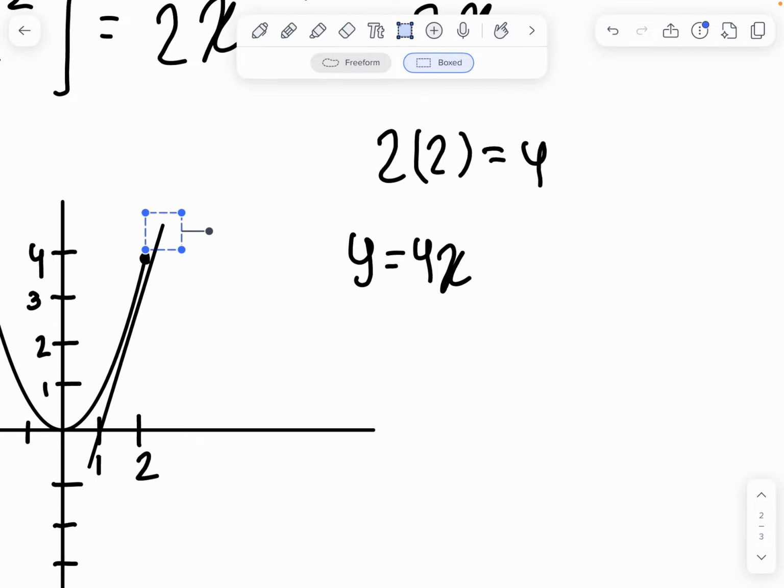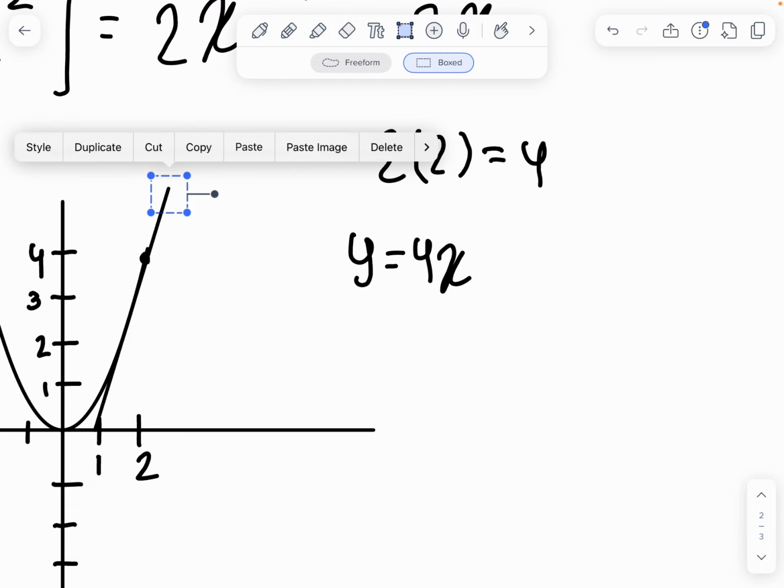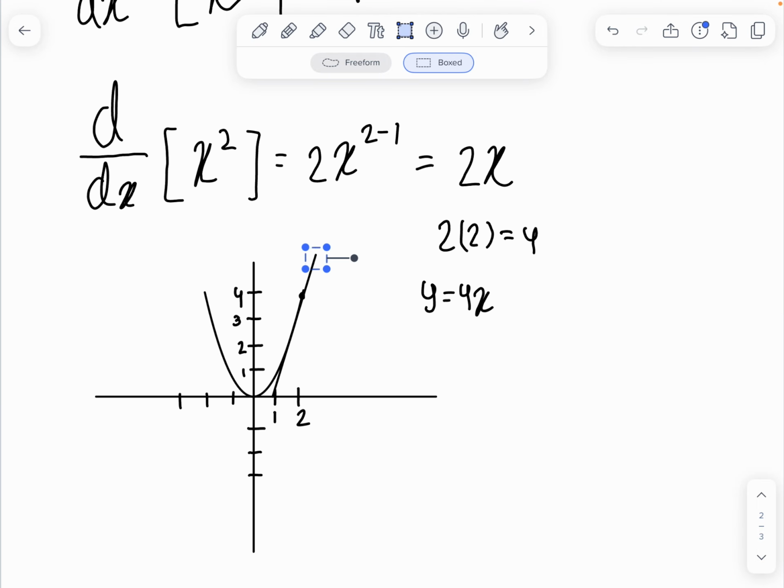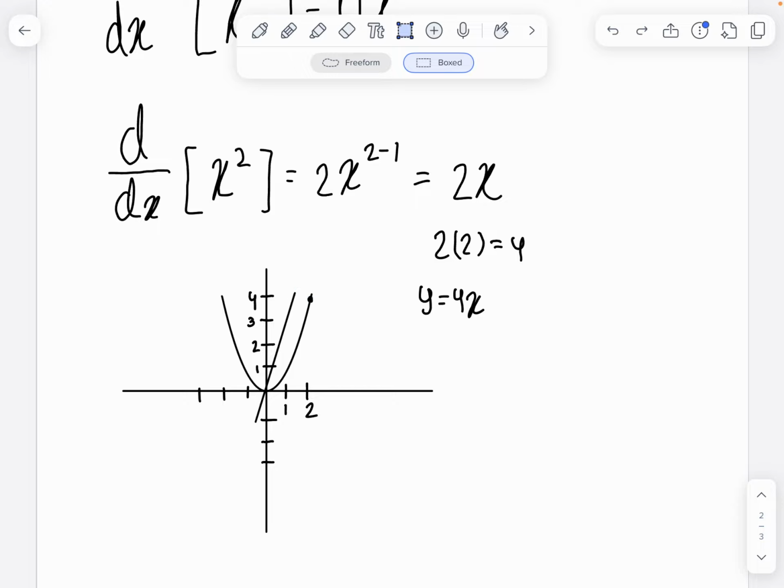So if you're looking, you see how that's basically the slope at that point? So that's how you use the power rule in the derivative. Okay.